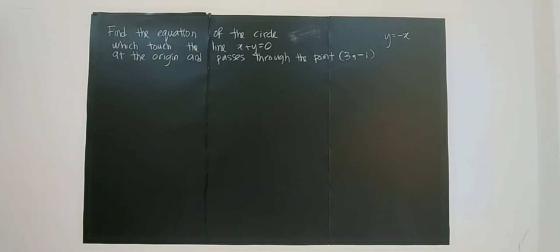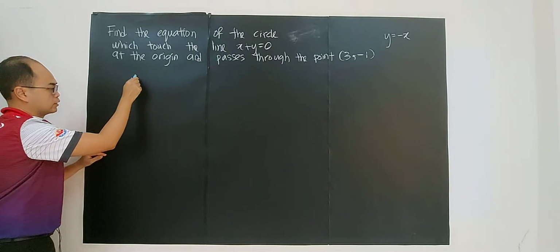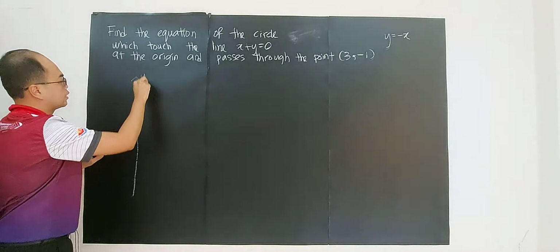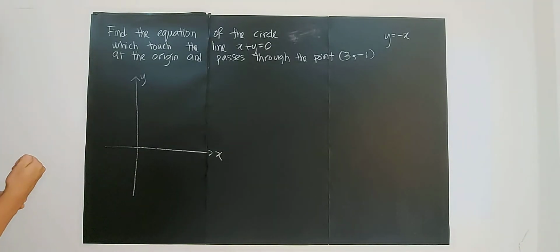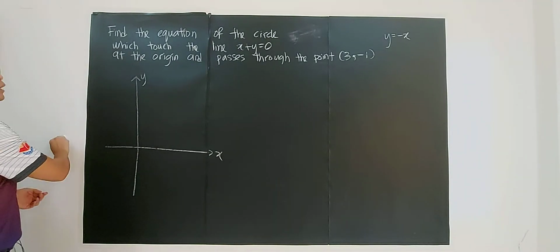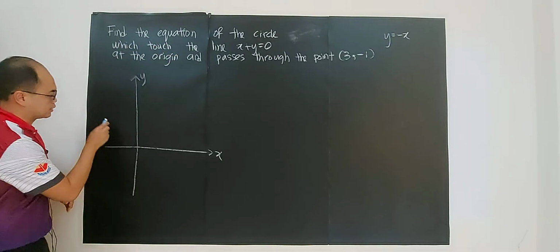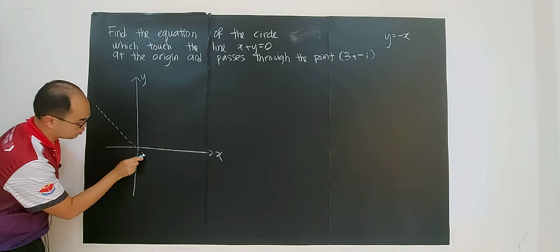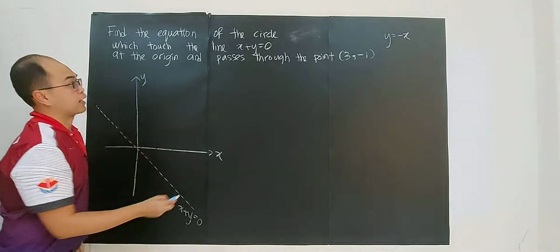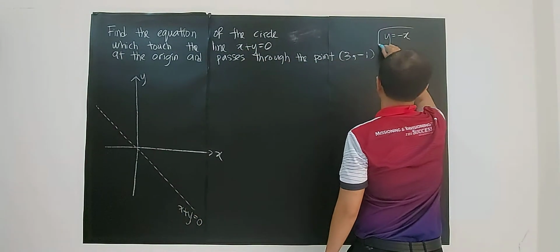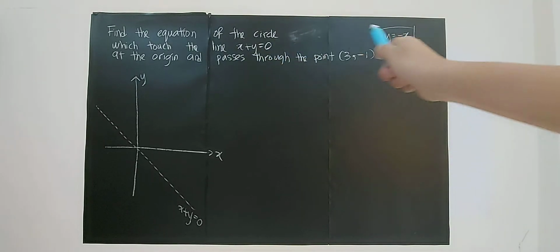Now I'm going to illustrate by using a diagram. So we have a diagram with the x-axis and y-axis. The question says the circle touches the line x plus y equals 0. x plus y equals 0 is a line that passes through the origin, as you can write it in the form of y equals -x.